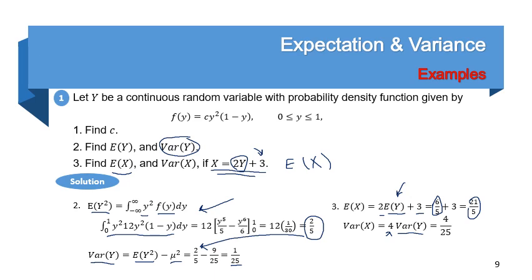If you remember, the variance of y here is 1 over 25. So 4 multiplied by 1 over 25 gives you the variance, which is 4 over 25.